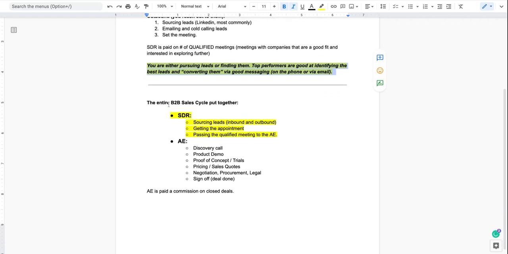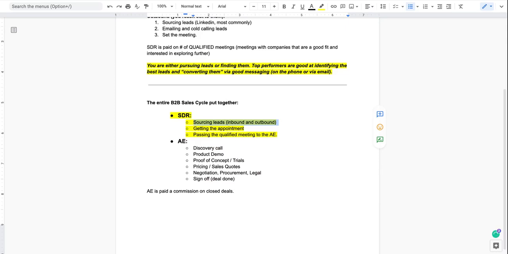Now, what I want to talk about is the overall B2B sales cycle. What does it look like? And where do you fit into that picture? So, overall, the start and finish of a B2B sales cycle is here. The start is somehow getting a lead, whether you're sourcing that lead via inbound or outbound, doesn't matter.